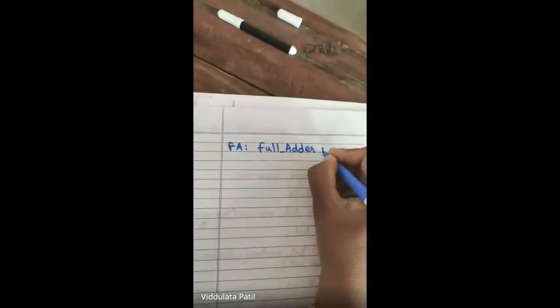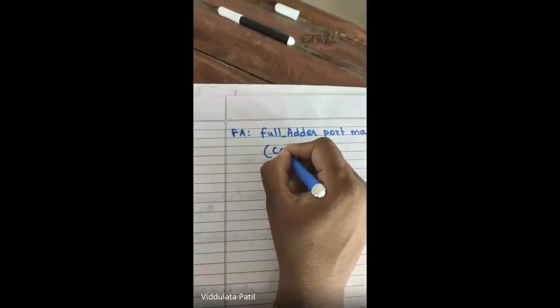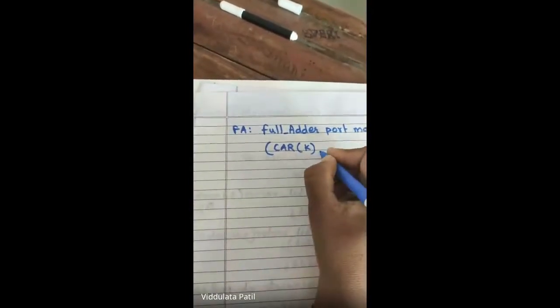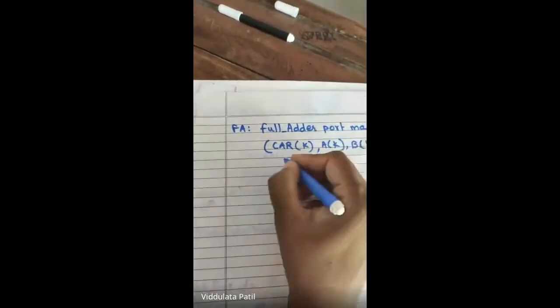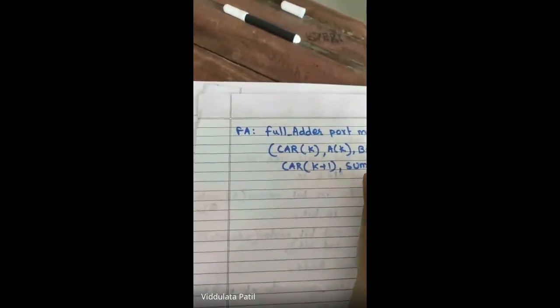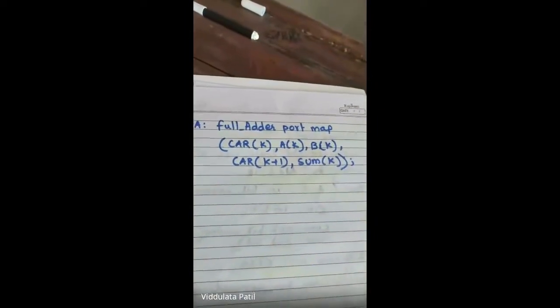For this we are going to map ports, so port map, and we map the ports in the way car(k), a(k), b(k), car(k+1), sum(k). As all these ports are mapped, semicolon, bracket complete and semicolon.